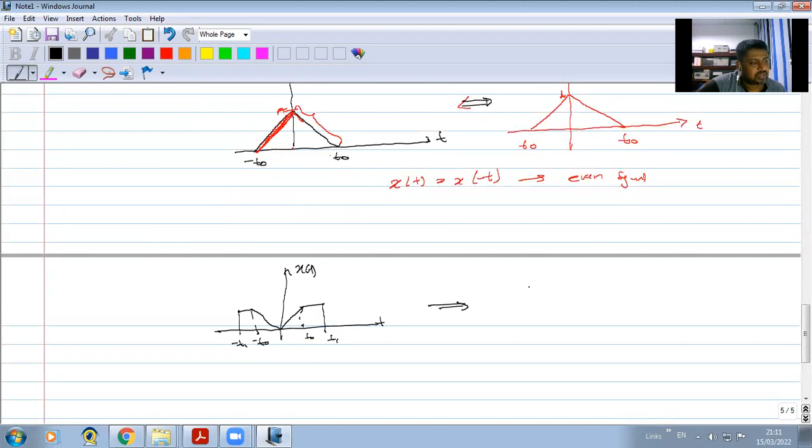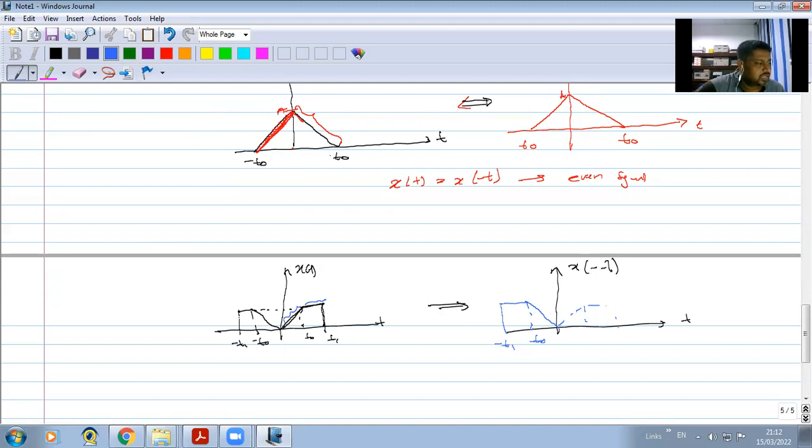If I get the time reverse signal x(-t), you have to get the mirror image for this section, this one and this one. So now it is like here. You will get this kind of mirror image up to minus t1.